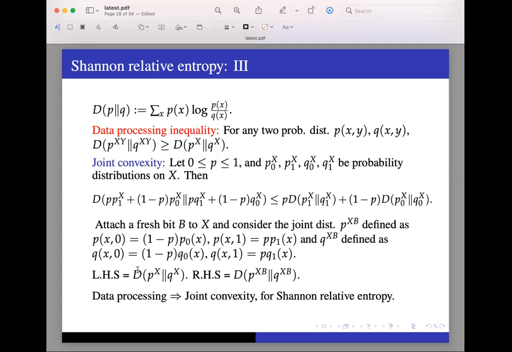So this is the left-hand side. And the right-hand side, you can check with a little bit of calculation, is nothing but the relative entropy of the P on XB with respect to Q on XB. So just the simple data processing I can apply and calculate this. So what is the moral? The data processing implies joint convexity for Shannon relative entropy. Questions about this proof?